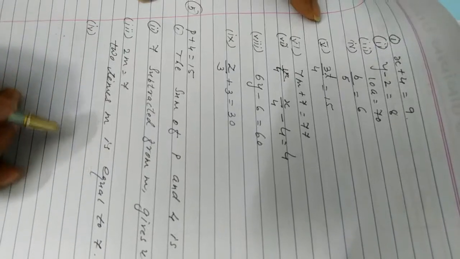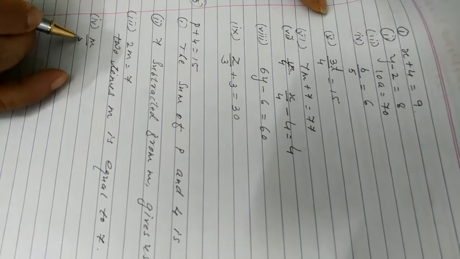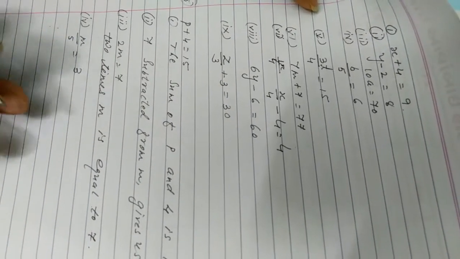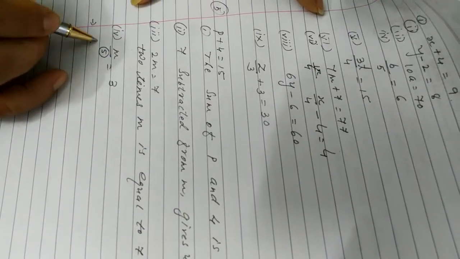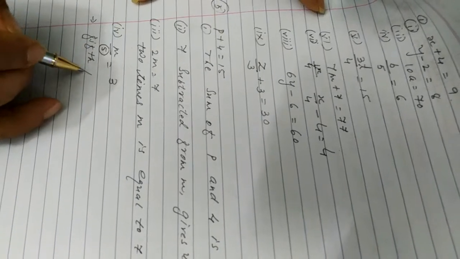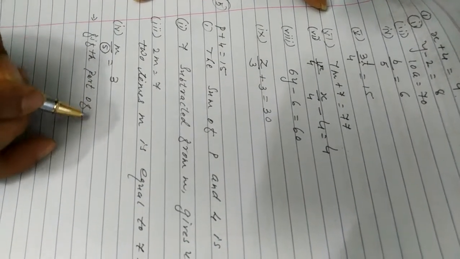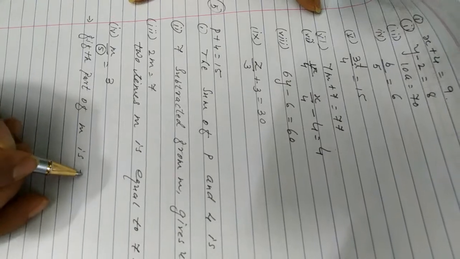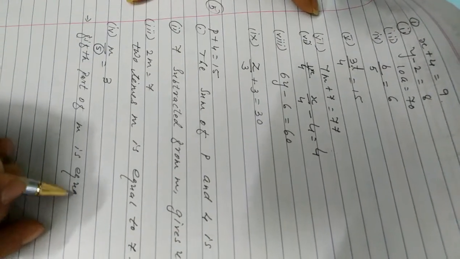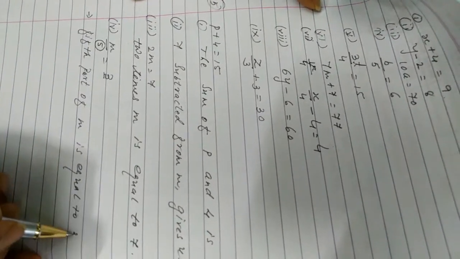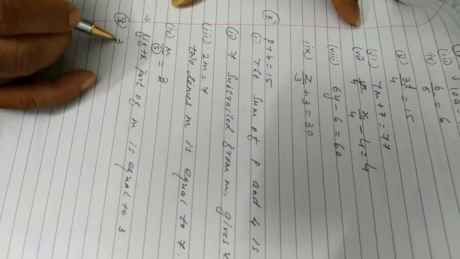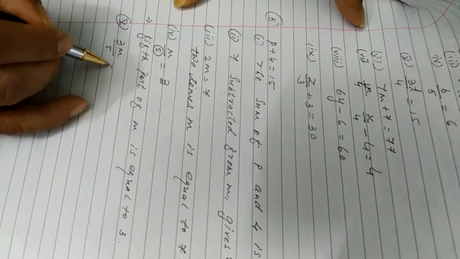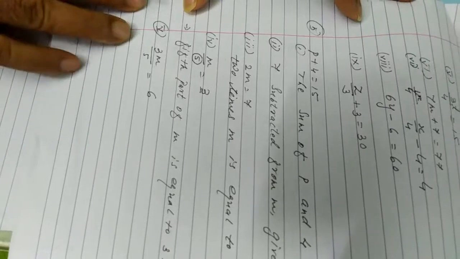Now fourth, m upon 5 is equal to 3. So how many part of m? Fifth part of m is equal to what? 3. Right? Now fifth, 3m upon 5 is equal to 6.